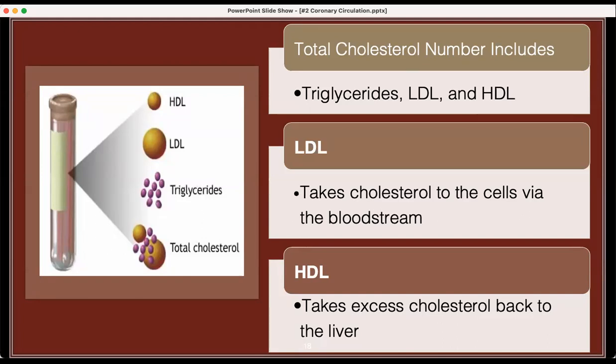So it's important for the body to have that cholesterol, but not in massive amounts. HDL is real small, and it's taking the excess cholesterol back to the liver. So that's why it's great to have a high HDL, because it removes the excess cholesterol in the bloodstream.